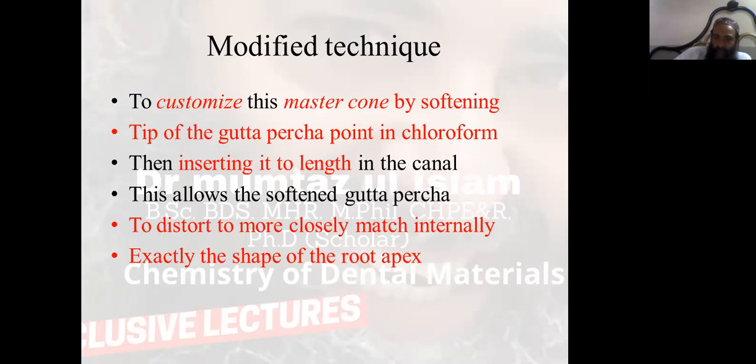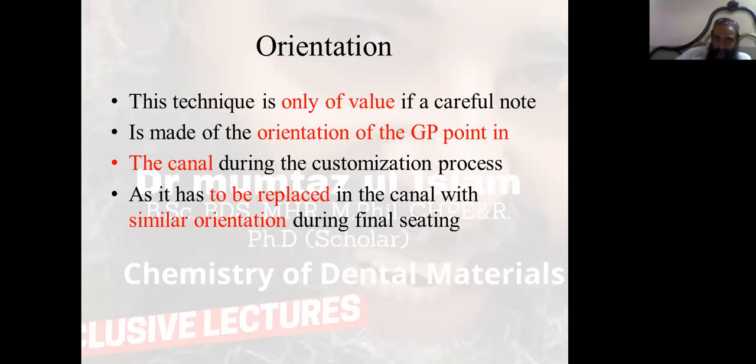It is nowadays used for softening the plastic materials, then inserting it to the length in the canal. This allows the softened gutta percha to distort to more closely match internally and acquiring exactly the shape of the root apex.